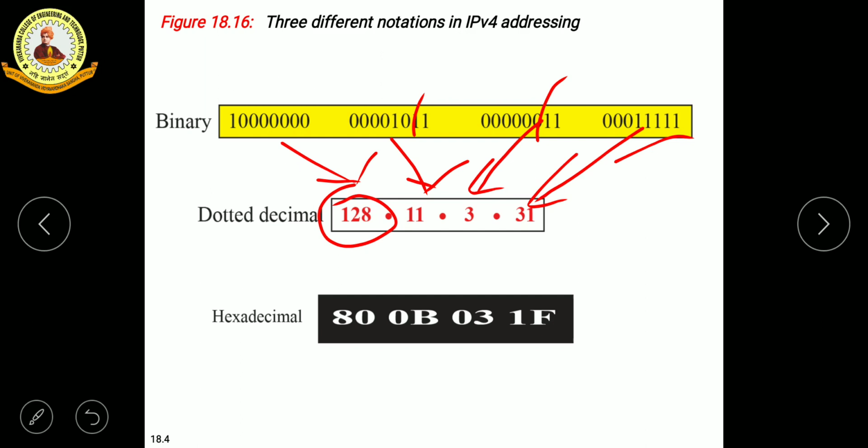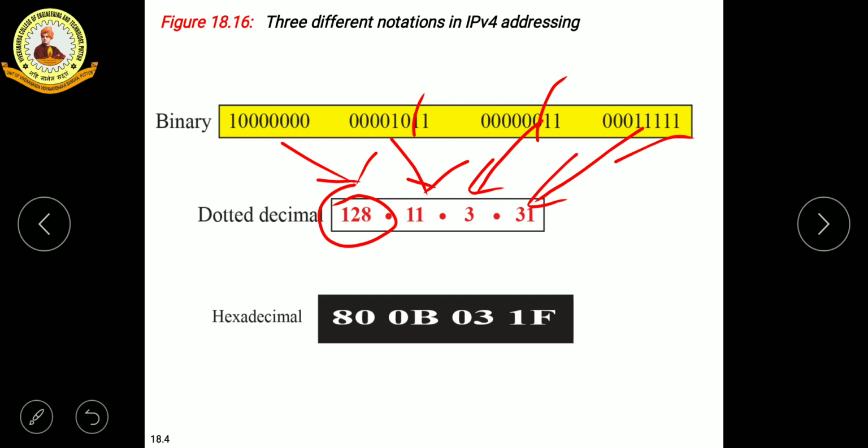Each hexadecimal digit is equivalent to 4 bits. Okay, keep that in mind. Each hexadecimal digit is written as 4 bits, right? Because each byte is only 8 bits, each number in the dotted decimal notation is between 0 and 255, and the last one, hexadecimal, is 4 bits equivalent.